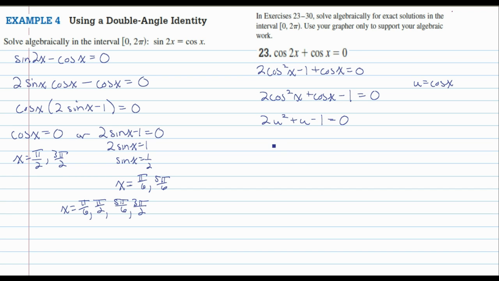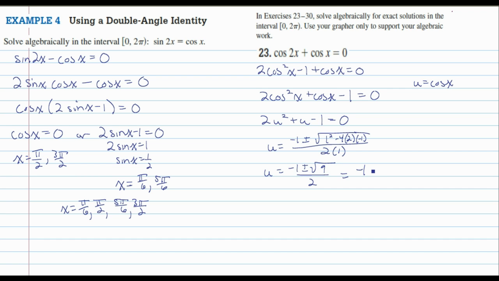So now if I use the quadratic formula, u equals the opposite of b plus or minus the square root of b squared minus 4ac, all over 2a. I'm not going to sing the song, don't ask. So u equals negative 1 plus or minus the square root of 9, actually, over 2.